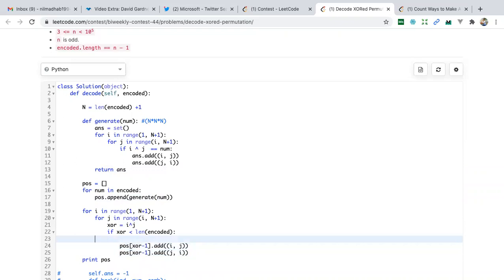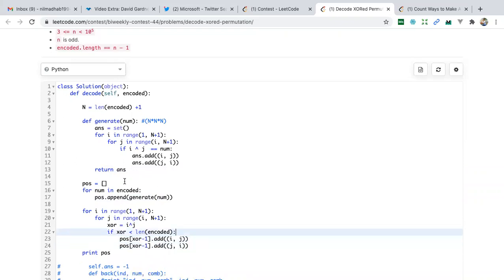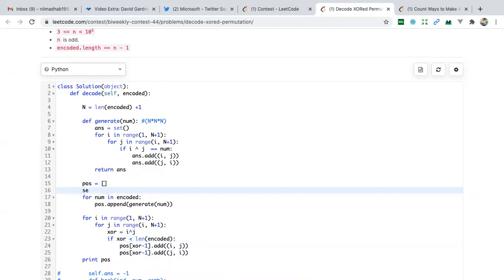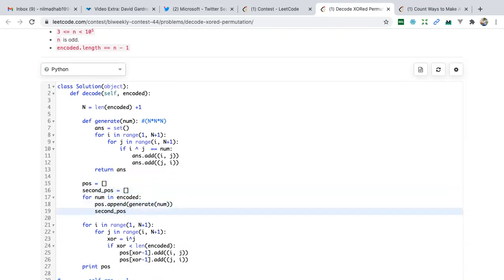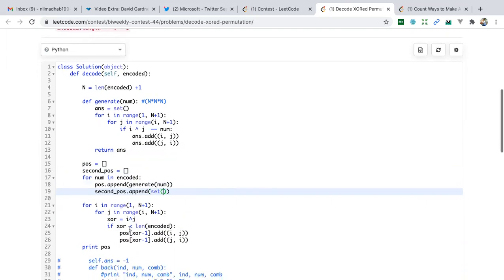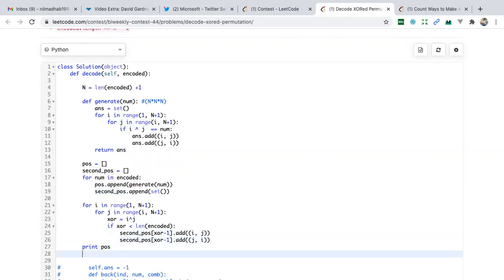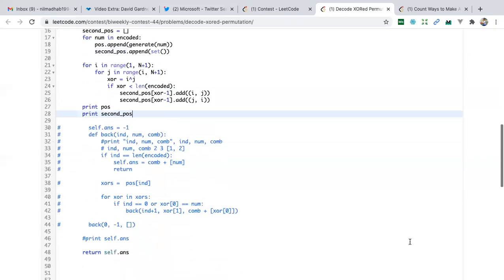Make sense? Yes. And let's see if both are equal or not. The first position is this, and the second position will be this. Append, and we just put a set here. Let's see if both are the same or not.